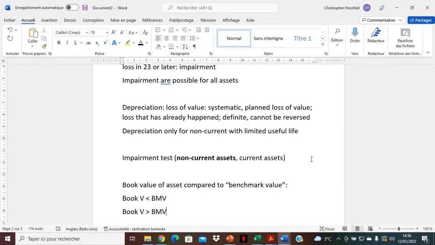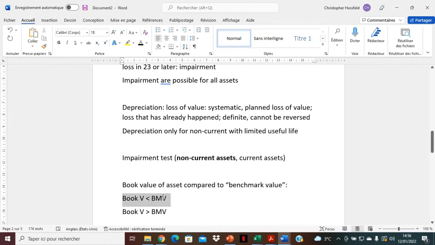So accounting principles, and in particular the accounting principle of prudence or conservatism, state that if in accounting we have the choice between two values, on the asset side I should choose systematically the lower value. Except obviously when I do fair value accounting, but other than that I should choose the lower value.